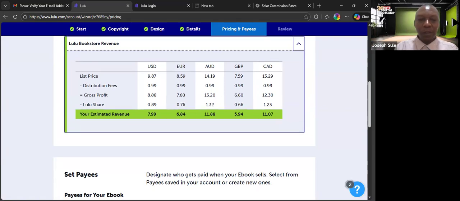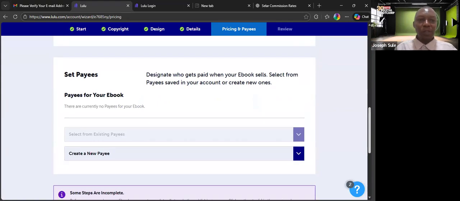Now coming down, the next thing you have is payee. Payee is similar to what you have on Selar. Selar's process was that you start creating an account and then immediately enter your payee. That bank account detail that Bishop entered for us, for Mommy Lara, is the payee on Selar. Selar's process is quite simple.